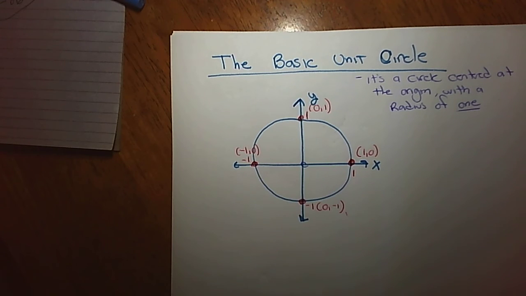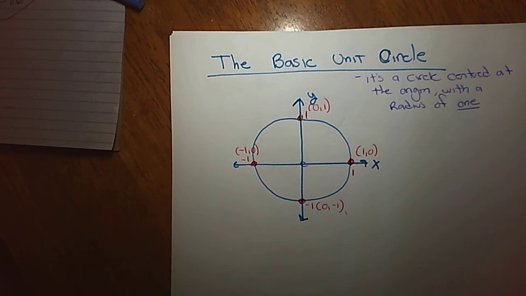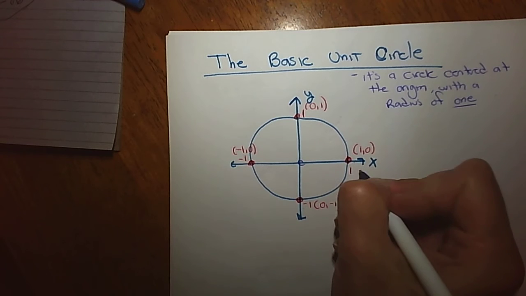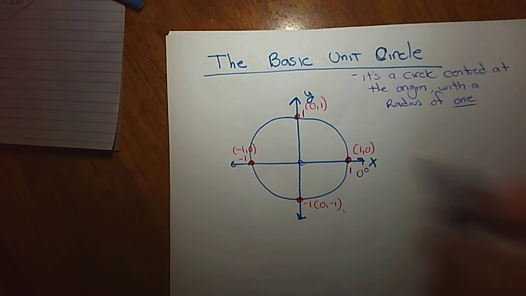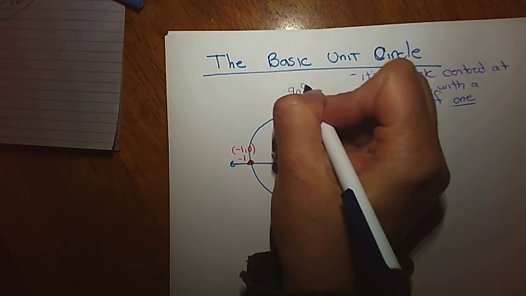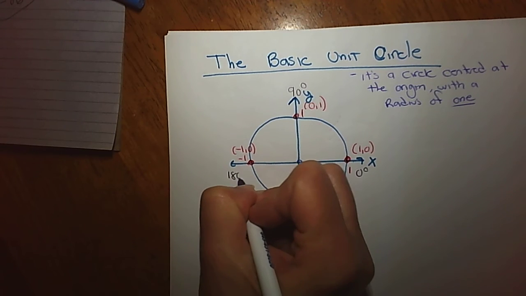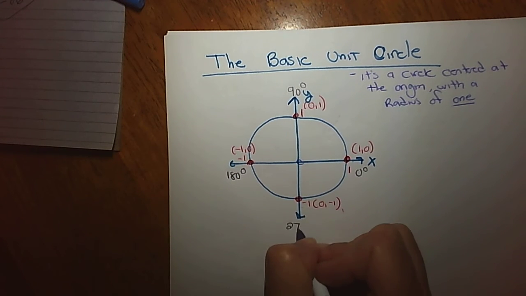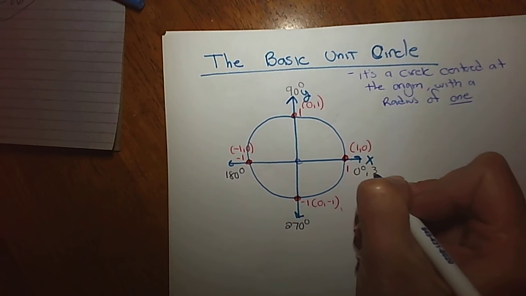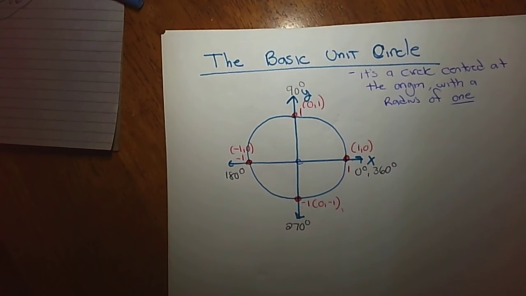Now, we've also practiced the last couple of days that these 4 locations correspond to degrees. So this right here is 0 degrees. Here is 90. This is 180, that's 270, and back around again is 360.